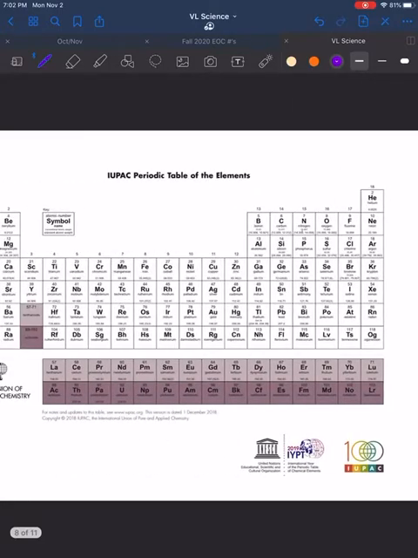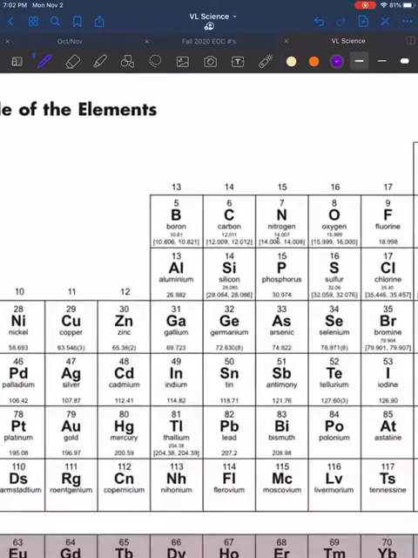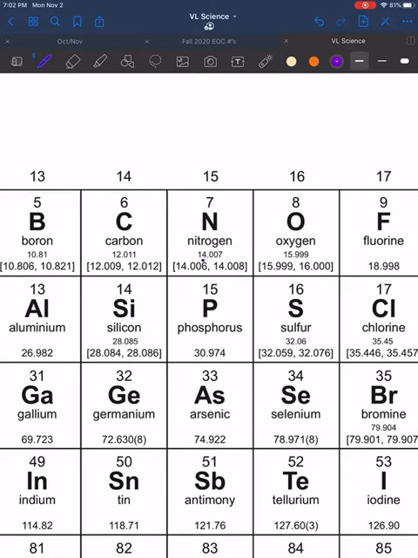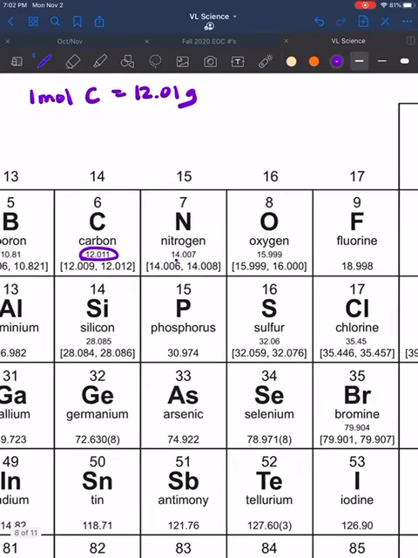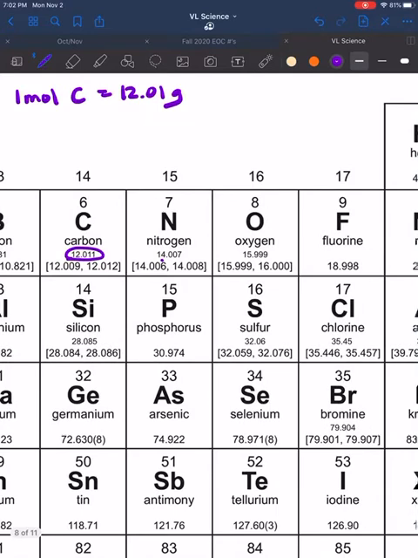Well, I go to the periodic table. So, for example, if I go to carbon, mass of carbon is 12. So, 1 mole of carbon would weigh 12.01 grams. So, that means it has a molar mass of 12.01 grams per mole.